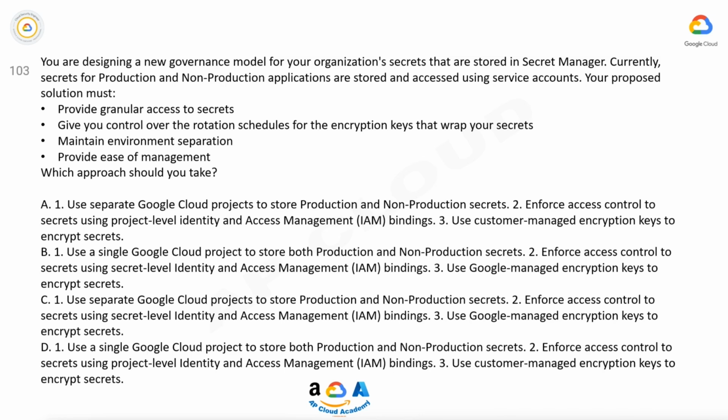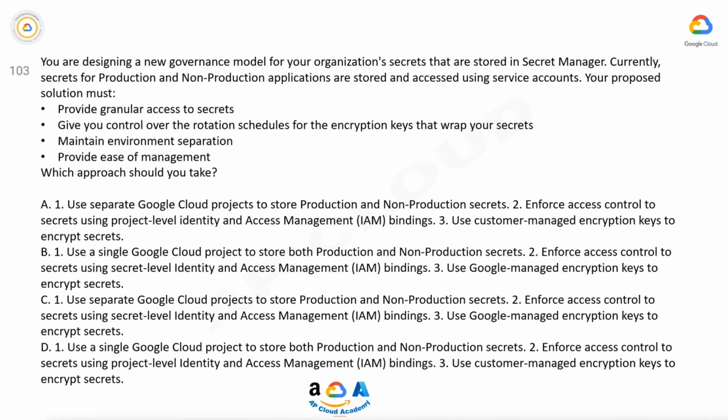C. 1. Use separate Google Cloud projects to store production and non-production secrets. 2. Enforce access control to secrets using secret-level IAM bindings. 3. Use Google-managed encryption keys to encrypt secrets. D. 1.